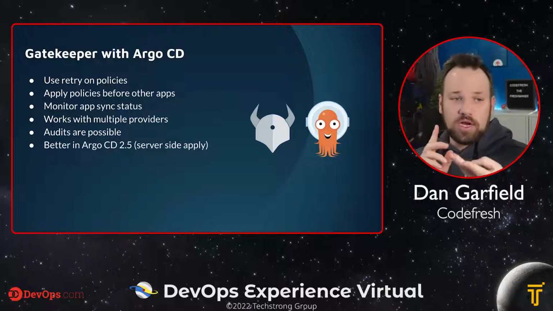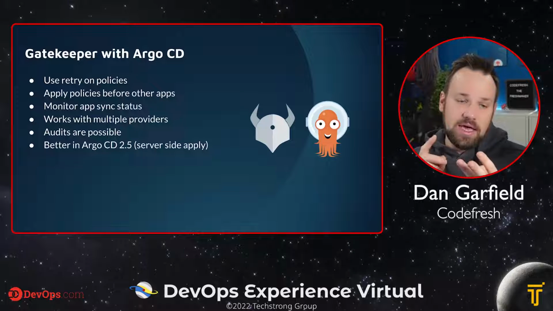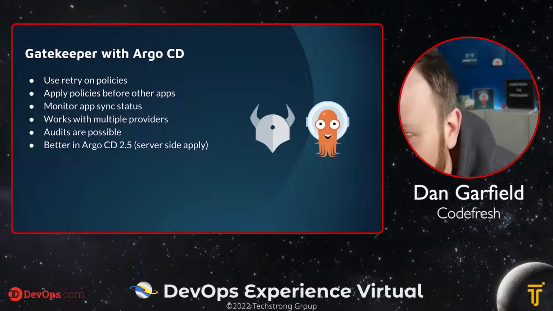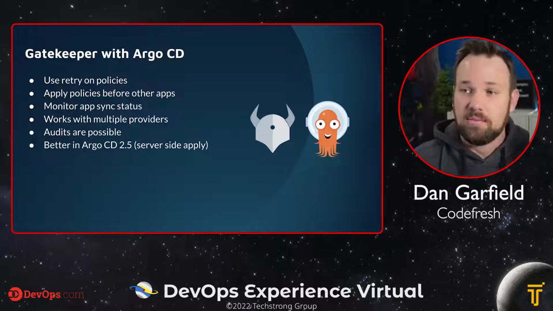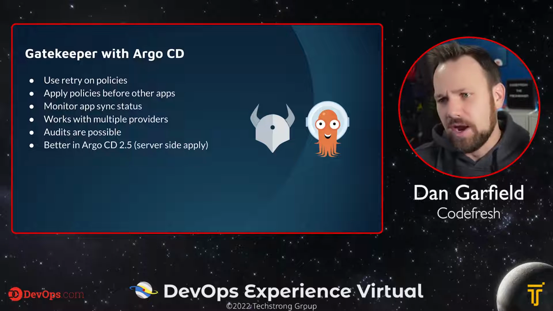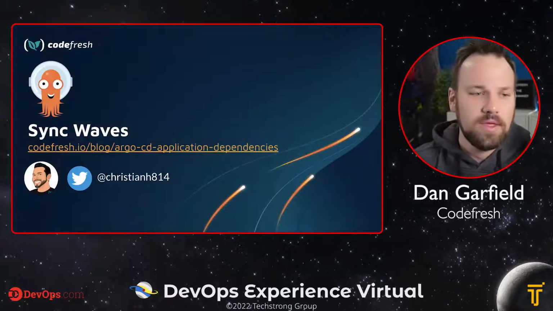So to do this, we're going to need to monitor app sync status. And this does work with multiple providers. So if you're using OPA Gatekeeper or Kyverno or something else, that will work as well. And you can run audits, and with 2.5 Argo CD works best. But before 2.5 will work okay. You'll just get different kinds of errors when policies are enforced.